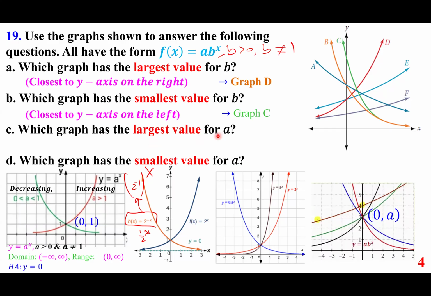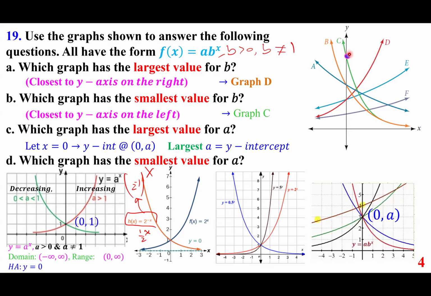Which graph has the largest value for a? Which graph has the smallest value for a? Okay, so we said, if you look at this one, the y-intercept is (0, a), the largest value. Which one of those y-intercepts is the largest value? Obviously, the largest y-intercept is this one.